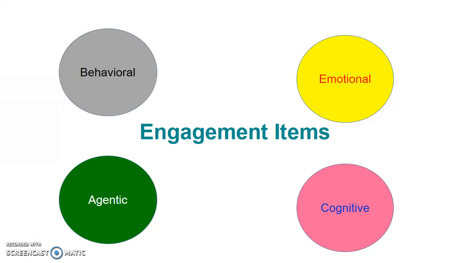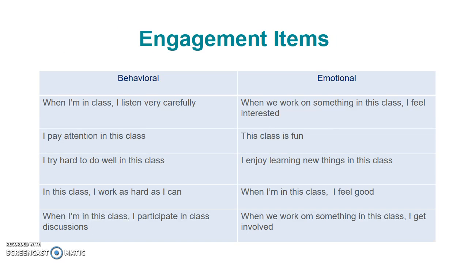But the other items that we have, we'll look at other components: emotional, how do they feel about the learning; cognitive, are they actually doing some thinking in relation to the learning; and agentic, are the students actually thinking, well, yeah, this teacher is very approachable, friendly, good. I feel that I can ask questions. I feel that if I'm bored or maybe we could do things another way, I can actually offer productive suggestions in this area.